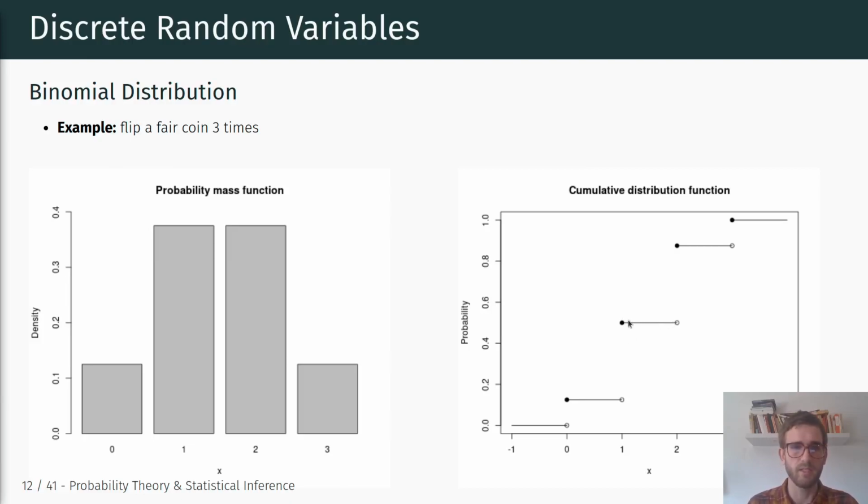Then that should just be one half. Yes, exactly, sorry. And then for x being smaller than 2, we have the probability being approximately 0.5, and so on. So this is the probability of x taking a value that is smaller or equal to a certain point.